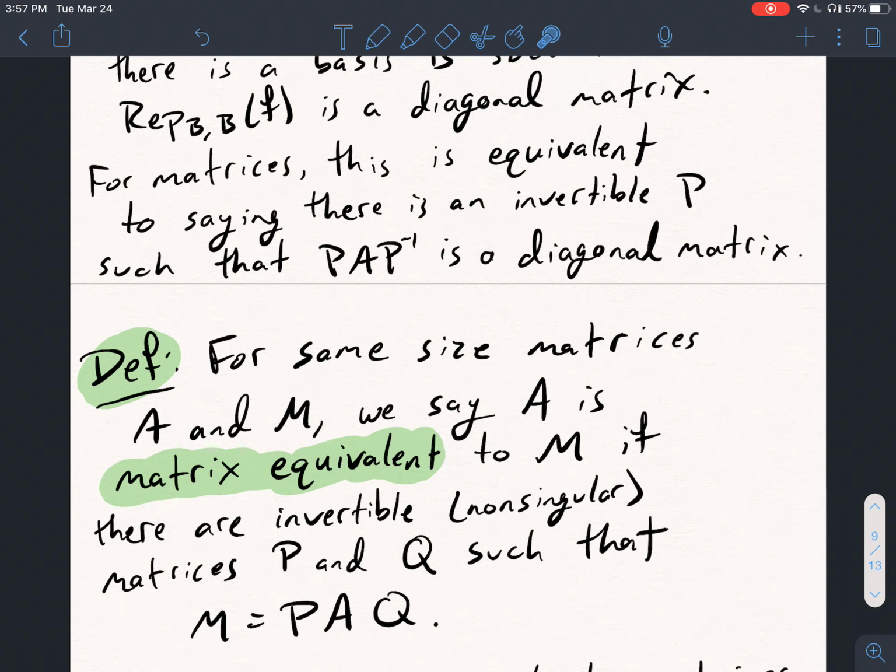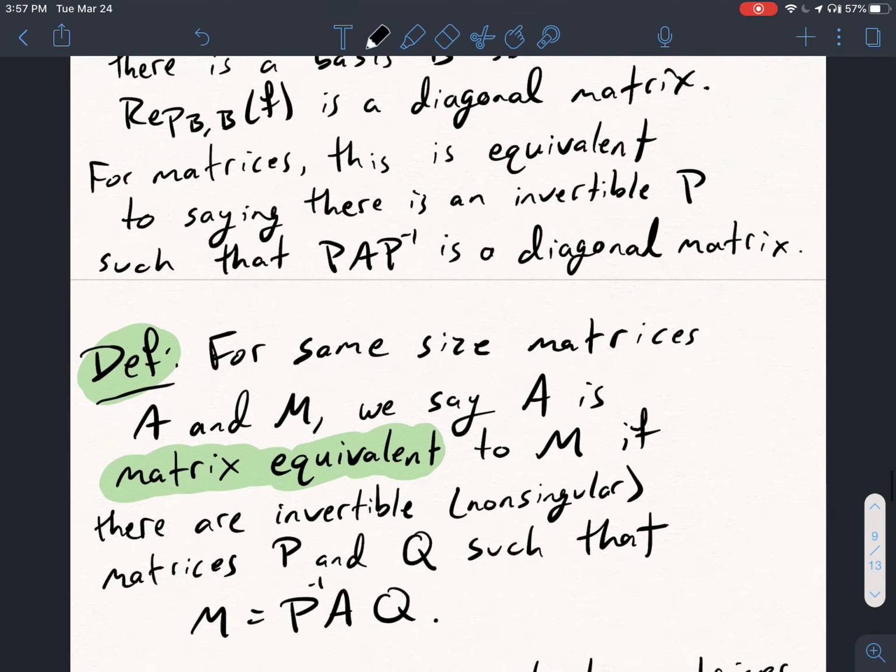If we have a matrix A that represents F with respect to one pair of bases, and then we change basis matrices P and Q and multiply on the left and right of A, we get a representation of F with respect to a different pair of bases.